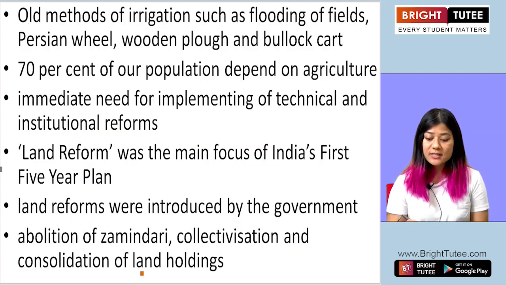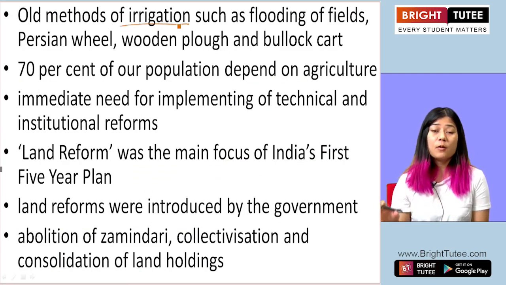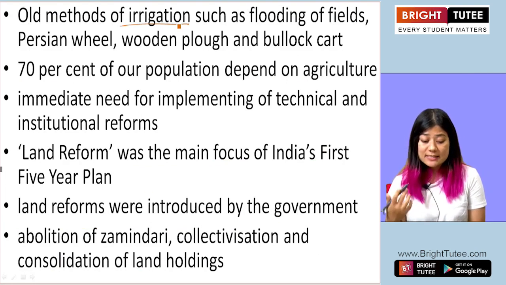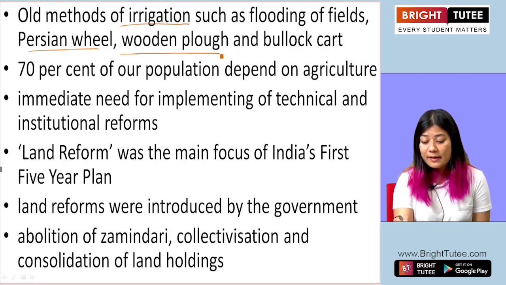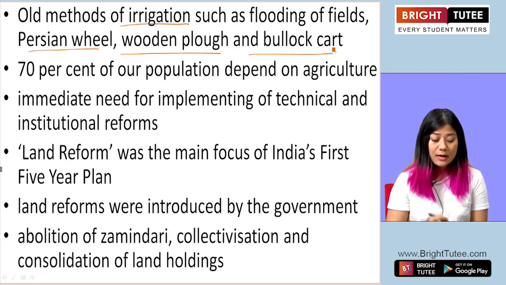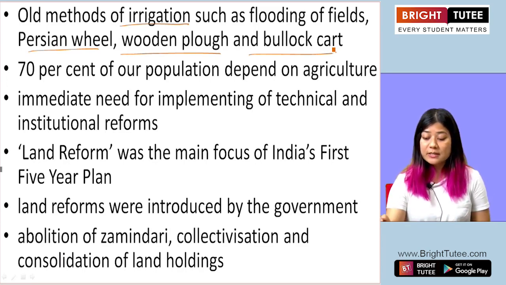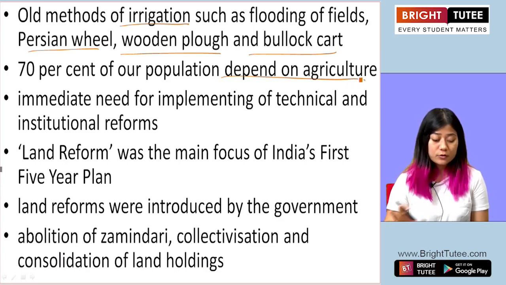The second reason is that old methods of irrigation, old methods of using water for cultivation, are still used. Old tools, Persian wheel, wooden plow, bullock carts, are still used by the farmers. Now we know that a large portion of the population in our country depends on agriculture, almost 70% of the total population.